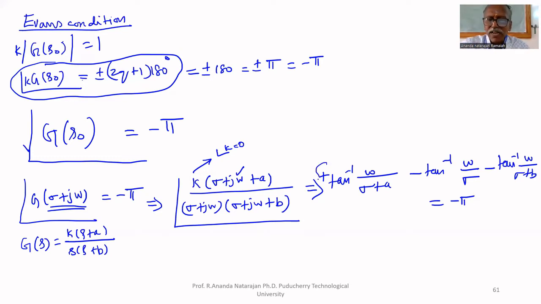So bring this positive value to the right hand side.